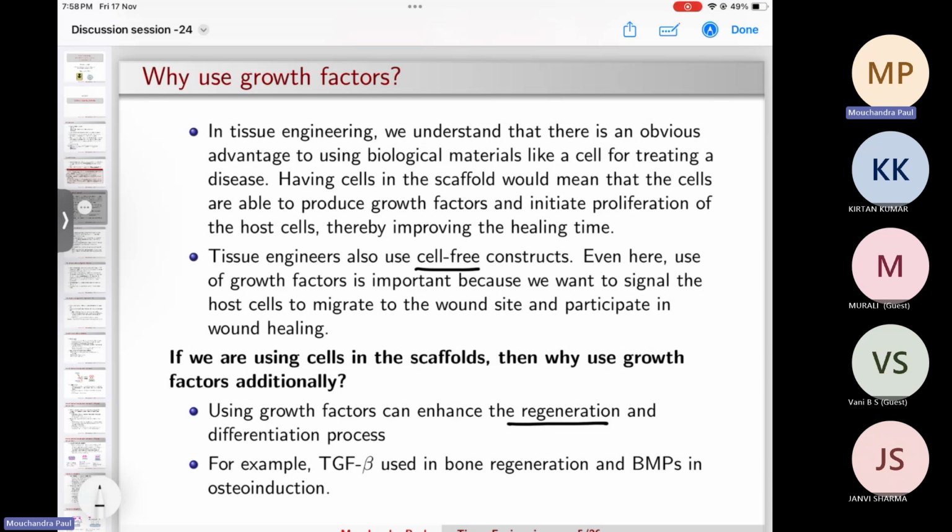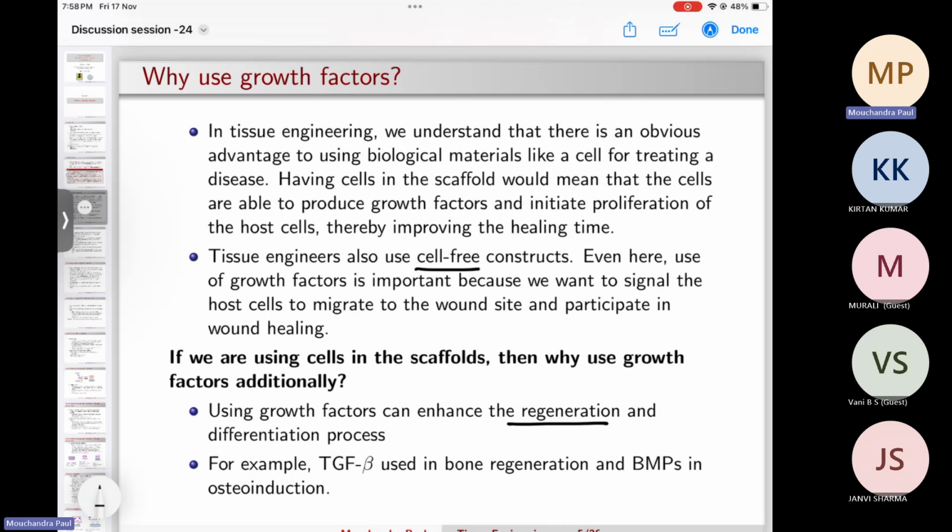Now, if your target is to accelerate the healing process, your concern should also be building up the blood vessels as fast as possible, so that the tissue in the process of regeneration can receive nutrients and oxygen as fast as possible.